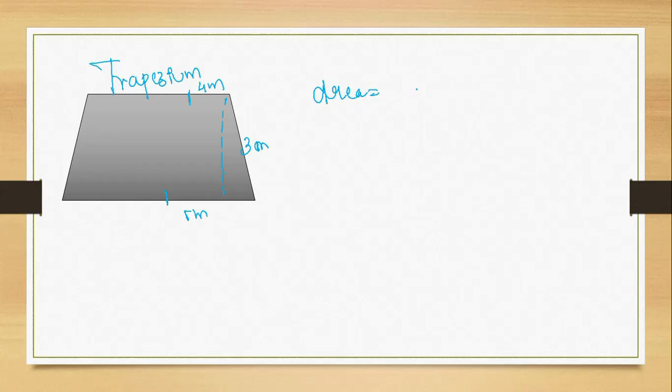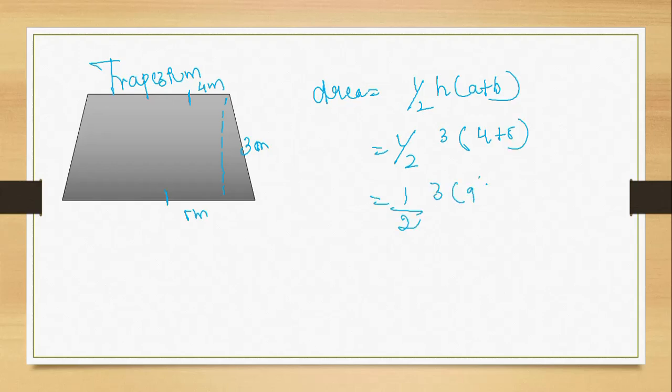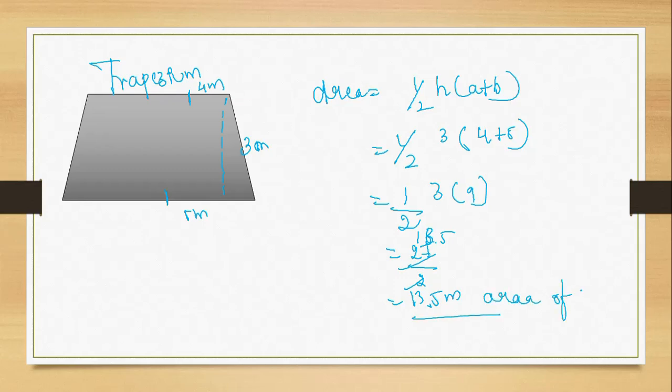So area is equal to half into H of (A plus B), that is half into the height they have given, 3, and (4 plus 5). Then 1 by 2 into 3 into 9, 9 threes are 27, by 2, which is 13.5. 13.5 square meters is the area of the trapezium.